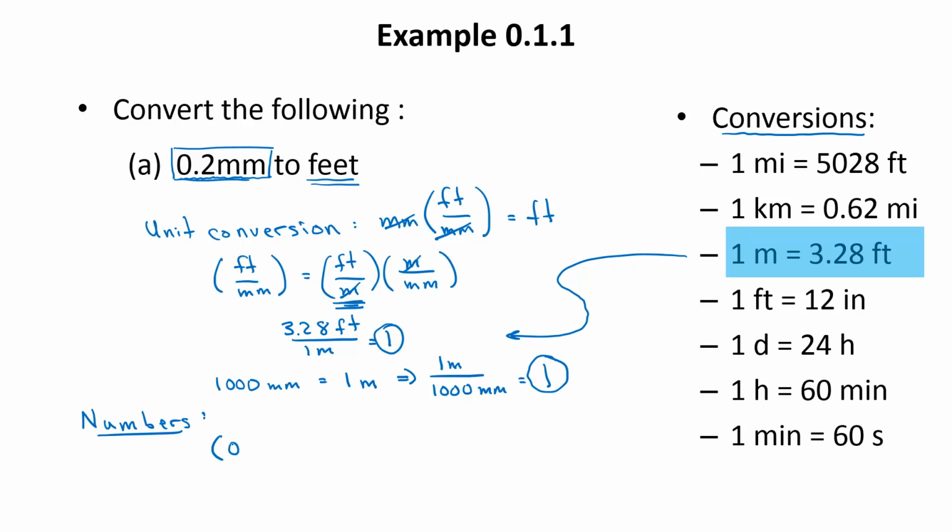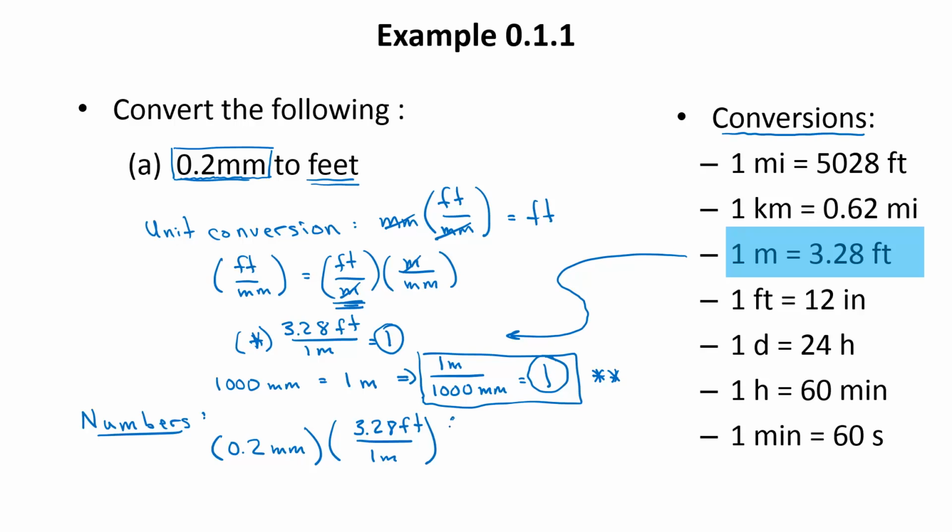So numerically, I have 0.2 millimeters. I'm going to multiply that by this equation, 3.28 feet per 1 meter. And then I multiply that by this equation, 1 meter per 1,000 millimeters.